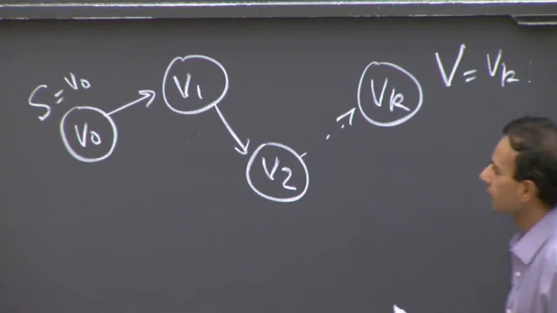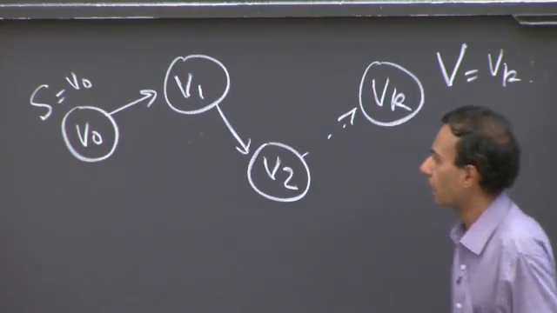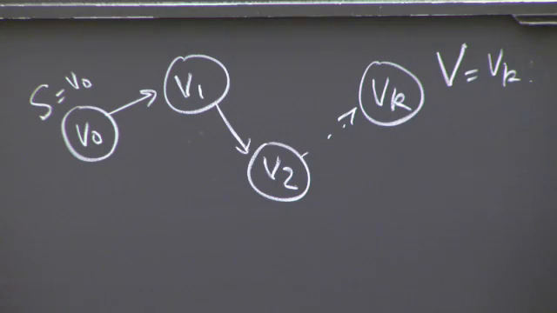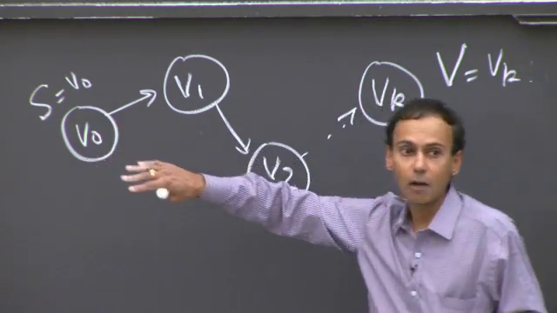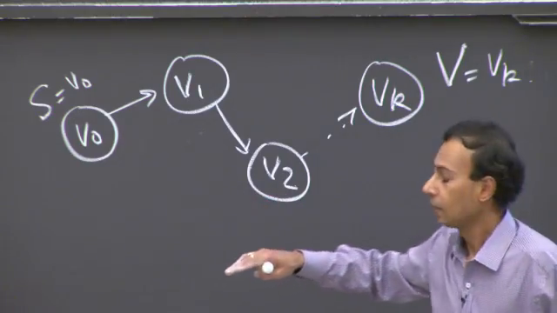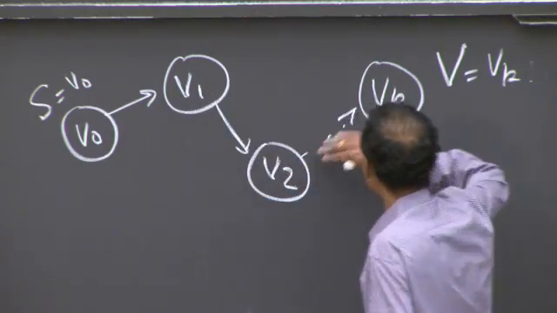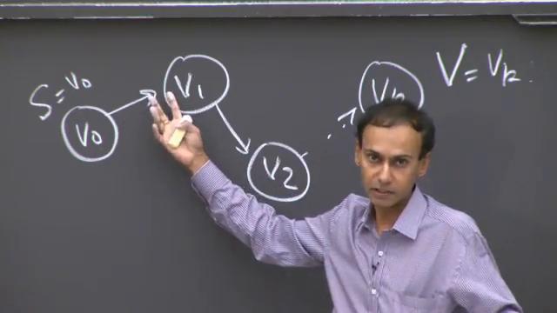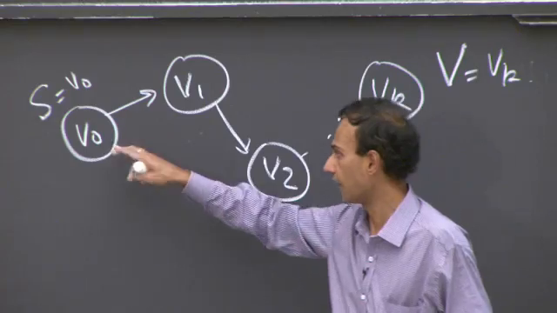Right, so at some point in the first pass, I'm going to relax this edge V0, V1. And at that point, thanks to the optimum substructure property, given that this is the shortest path, this has to be a shortest path as well. Any subset of the shortest path has to be a shortest path.